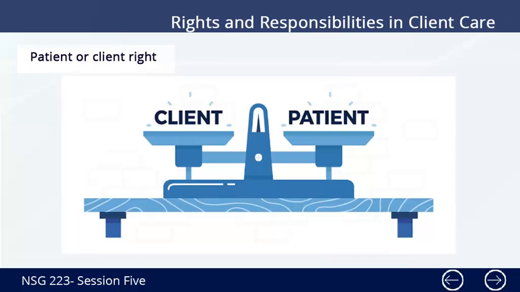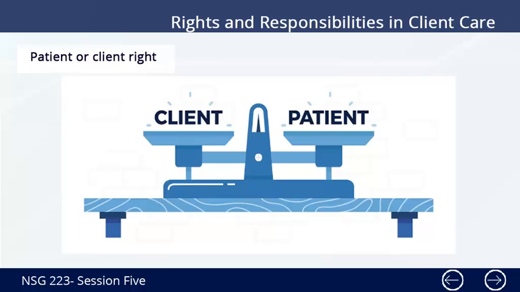C. To receive complete information regarding diagnosis, treatment, and prognosis of your health concern in language you can understand. We will provide confidential interpreters when needed. D. To receive information you need to participate in decisions about your care and to give consent before any diagnostic or treatment procedure is performed.